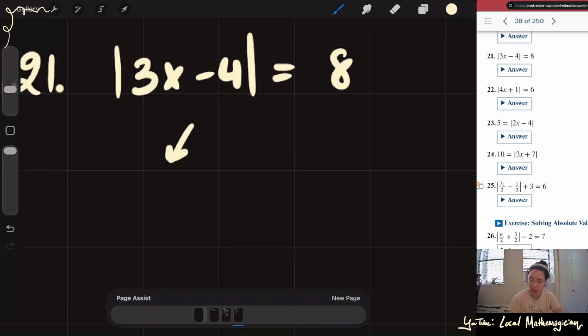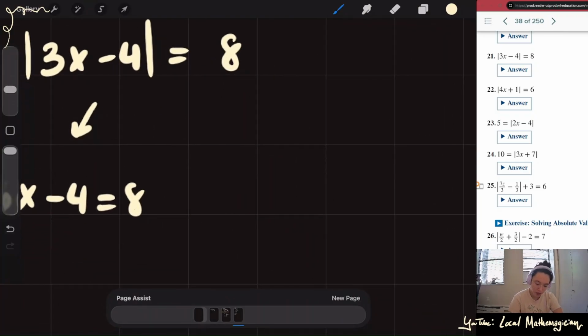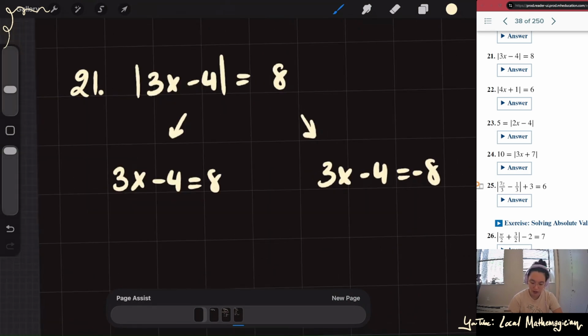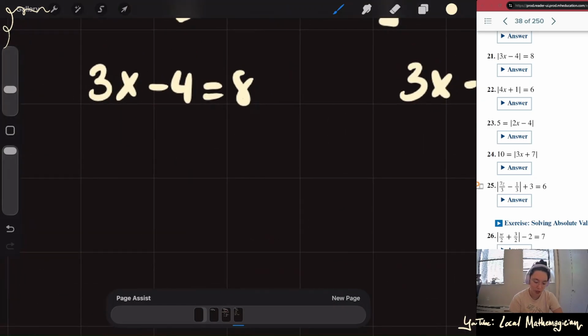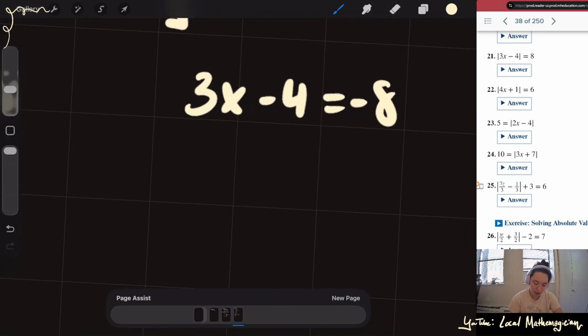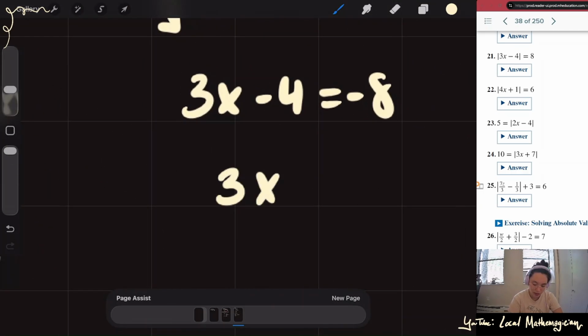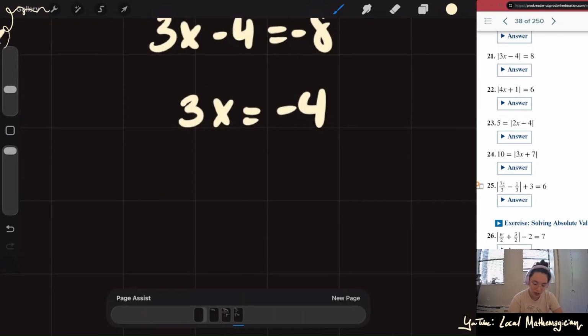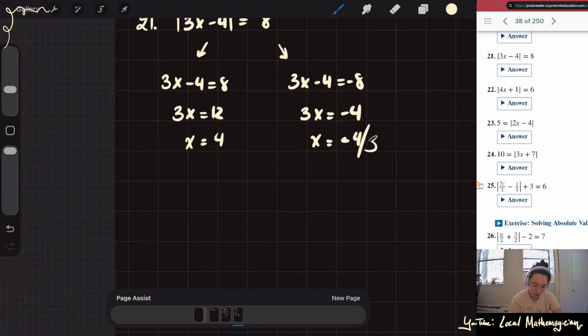You know that the inside can equal +8, or it can equal -8. And then you work it out like a standard linear equation. Add 4 to both sides, divide by 3. Same one here. You add 4 to both sides, divide by 3. And these are your two solutions.